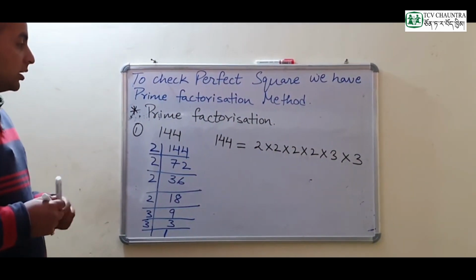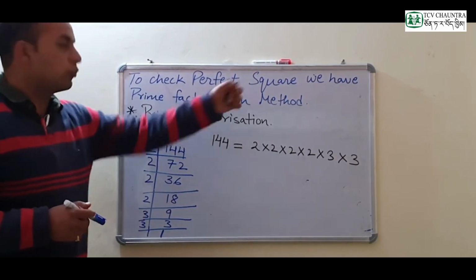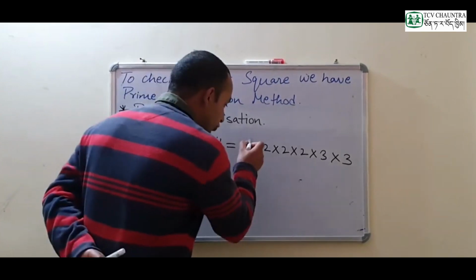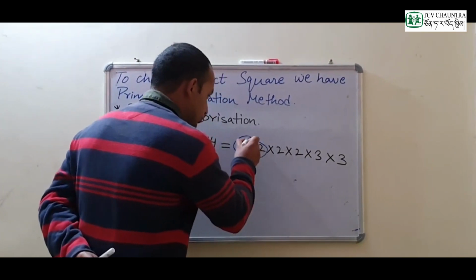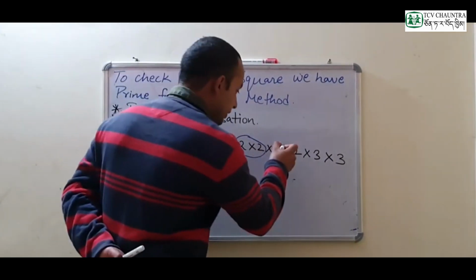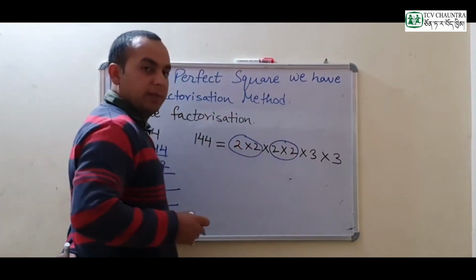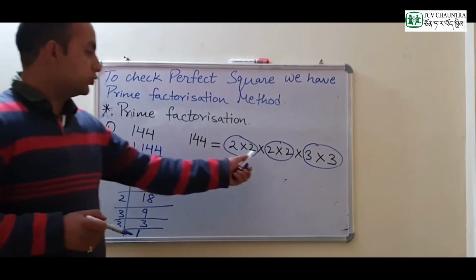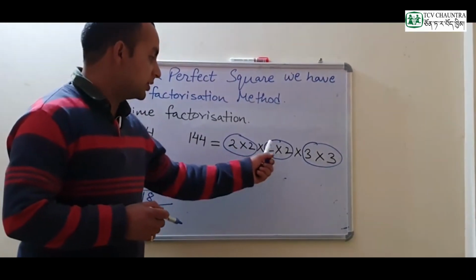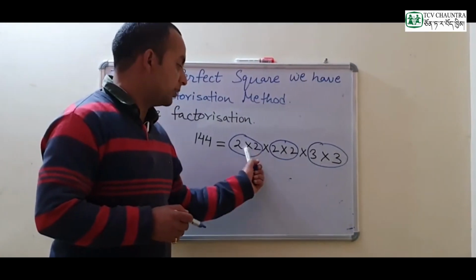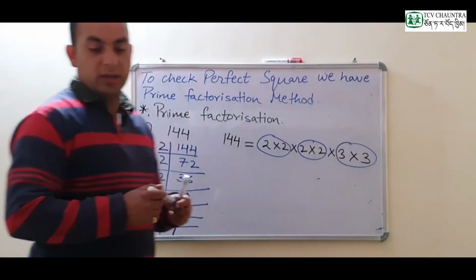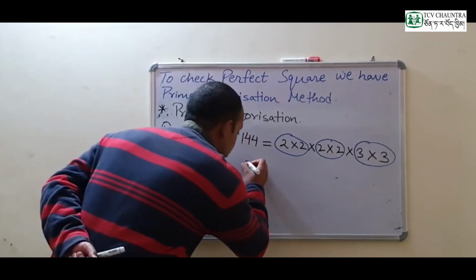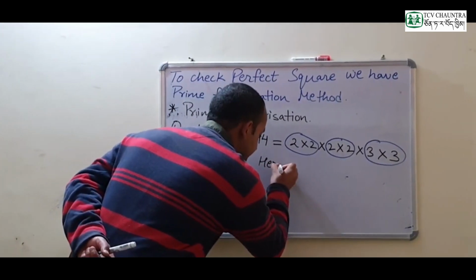Now to check whether it is a perfect square, we do pairing: 2 2 pair, 2 2 pair, and 3 3 pair.